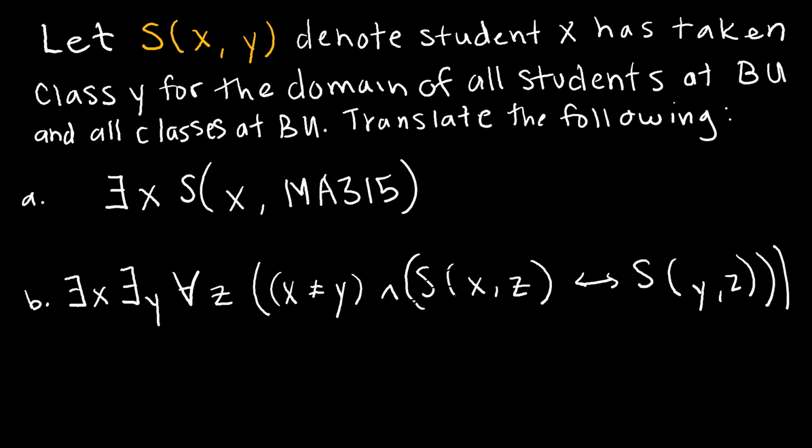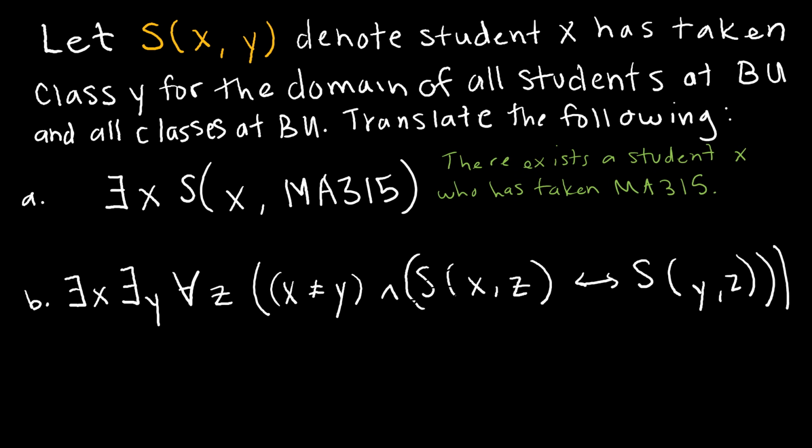So there exists an x such that S(x, MA315). So what does that mean in English? Well, there exists a student x who has taken MA315, which is of course discrete mathematics at Bellevue University.